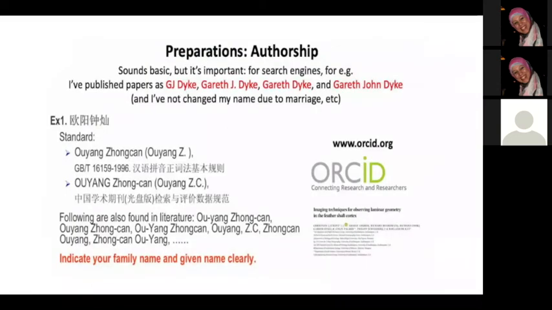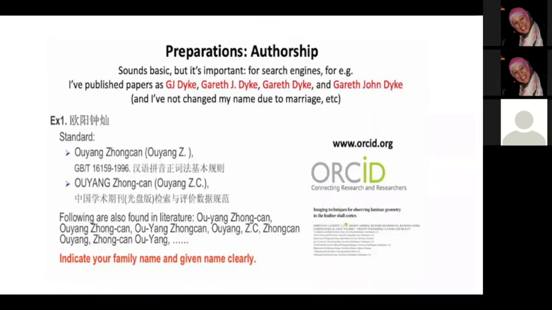Why is this important? Well, it sounds basic, but it's very important for search engines in particular. So in my career, for example, I've published papers using a range of different variations on my name. I've published papers over the course of my career as G.J. Dyke, Gareth J. Dyke, Gareth Dyke, and Gareth John Dyke.